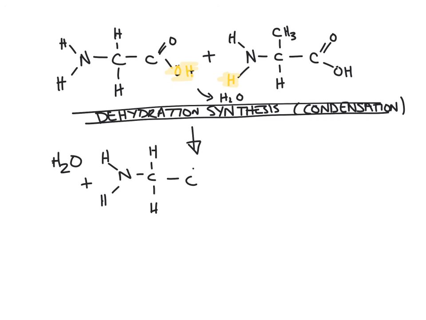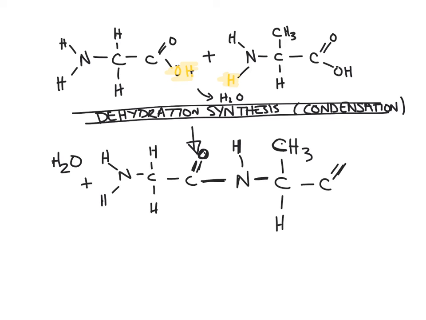Now if we sketch this out, remember there's a central carbon with a double bonded O, right? That's the oxygen. And then we have the carbon directly bonding with the nitrogen. And we get CH3 with the hydrogen, C double bond O, OH.